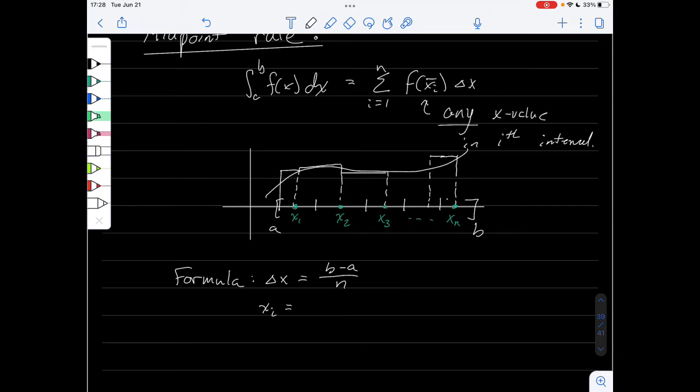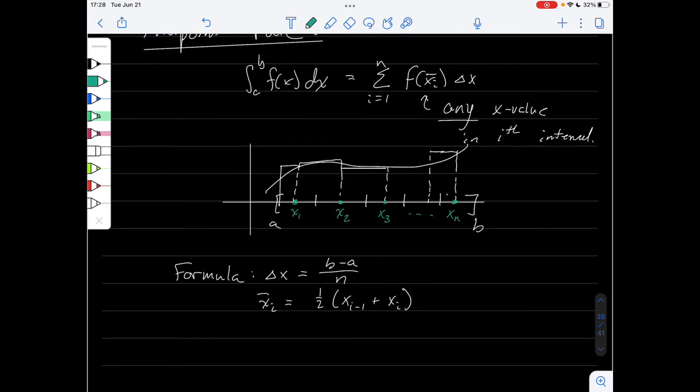So I'm going to put a little bar over it, and it's 1/2 times x sub i minus 1 plus x sub i. And the important thing to know here is that this is the midpoint. These are all bars. It's the midpoint of, in particular, the ith interval. And we would just use the formula the exact same way.